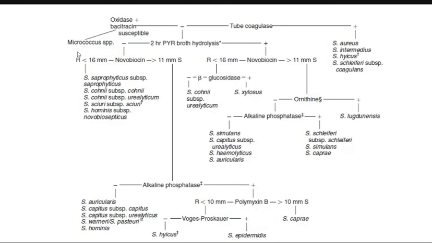That is another part of the continuation of our algorithm. If oxidase positive and bacitracin susceptible, you do the different tests again, and then the PYR. Then you have your tube coagulase and then alkaline phosphatase. But this is nice to know so you can see how to proceed if you do your oxidase or microdase test and the bacitracin susceptibility test.